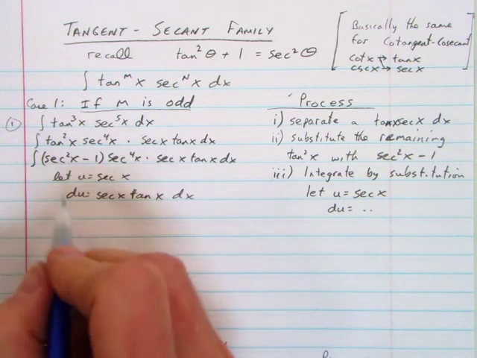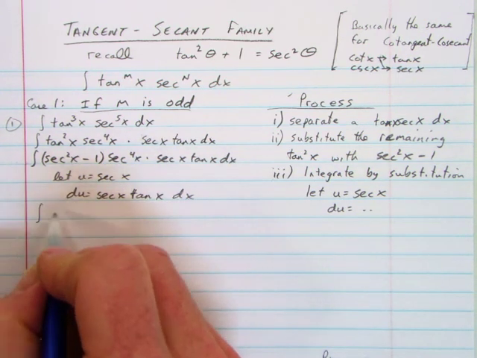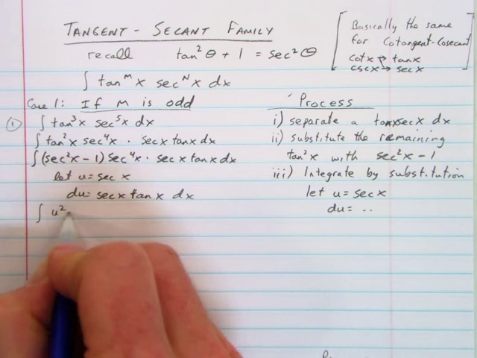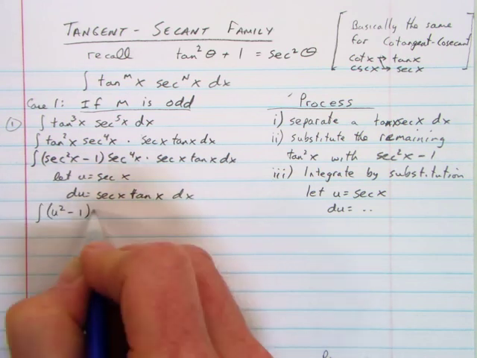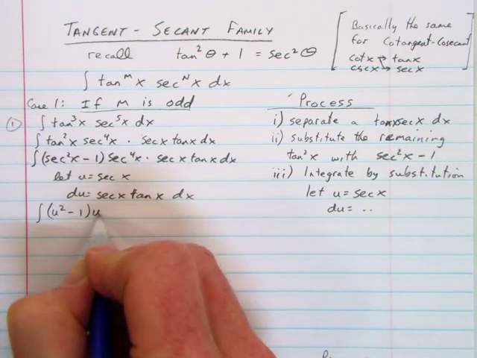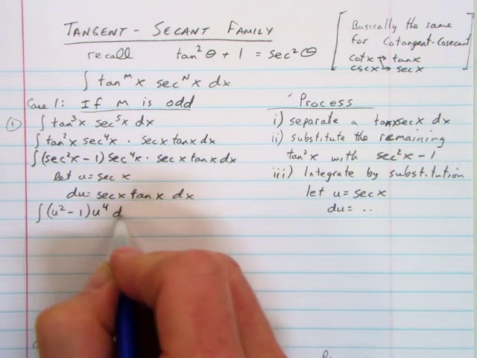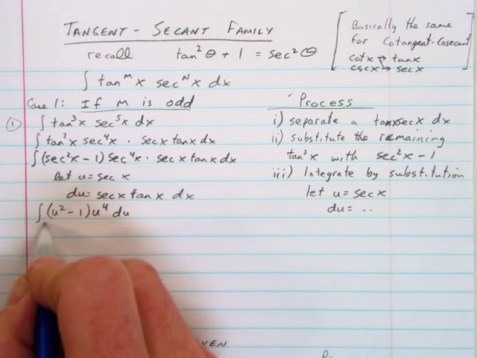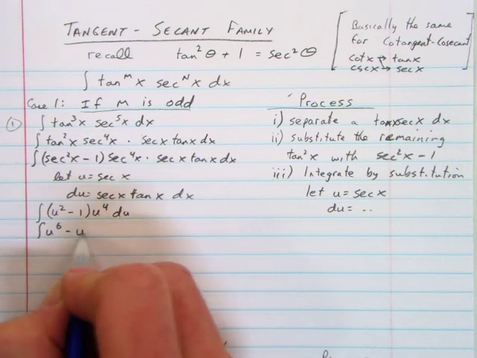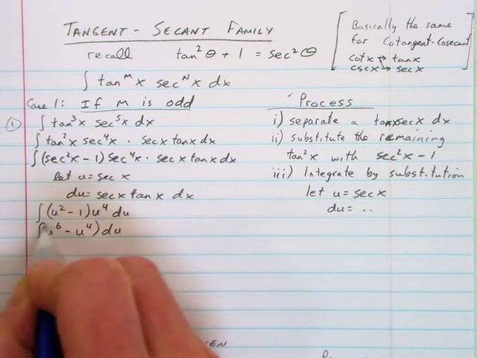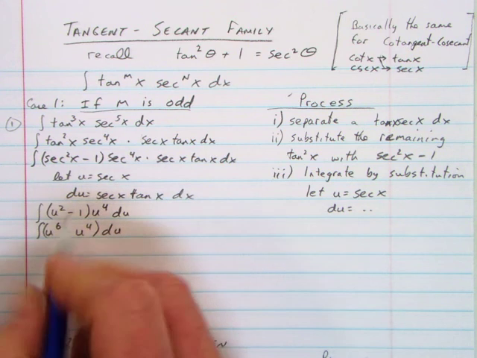Substitute it in. We don't need to multiply this out at this point. And we have u squared minus 1 times u to the 4th times du. Now we can multiply it out. We'll have u to the 6th minus u to the 4th, which those are now simple polynomials.